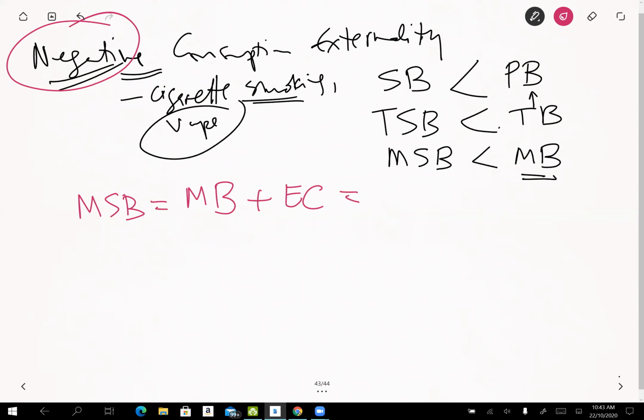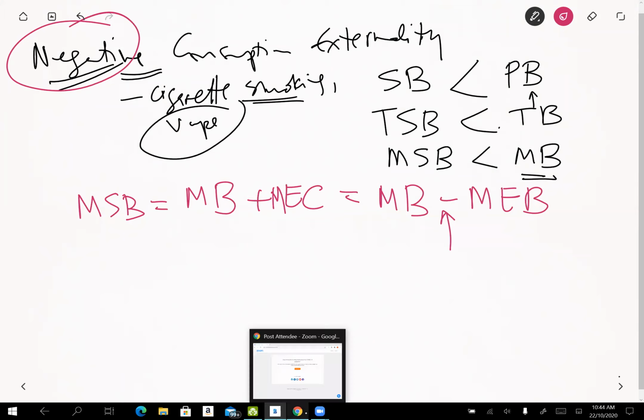And in terms of external benefit, let me see. In terms of external benefit, because we're talking about benefit, how do you relate to that? It would be just like the negative of the benefit. Okay, the external cost is the negative of benefit. Then you can see the difference. The MSB is MB minus MEB.